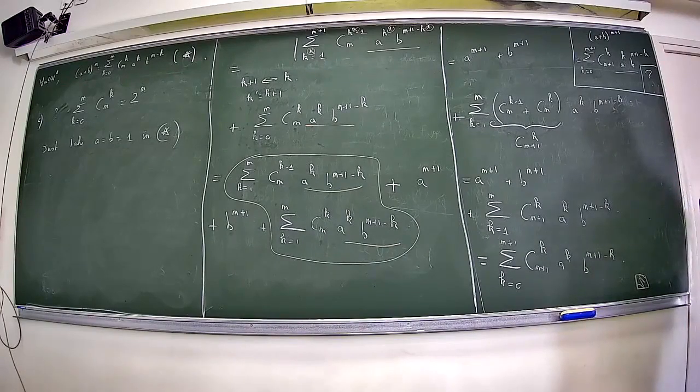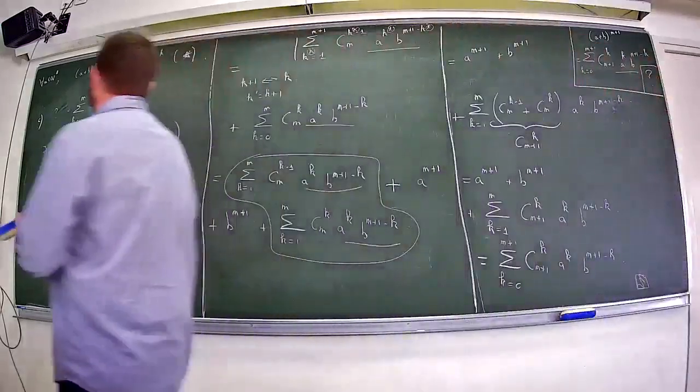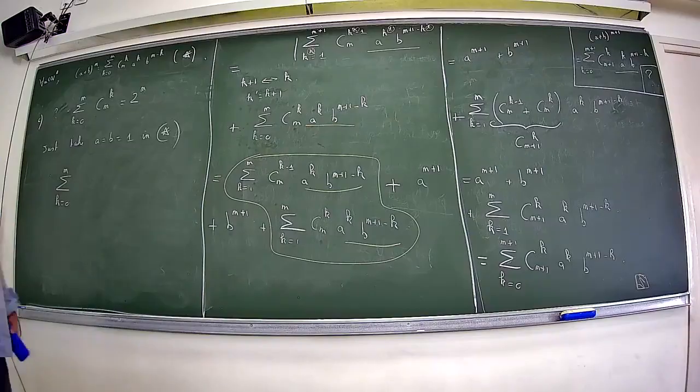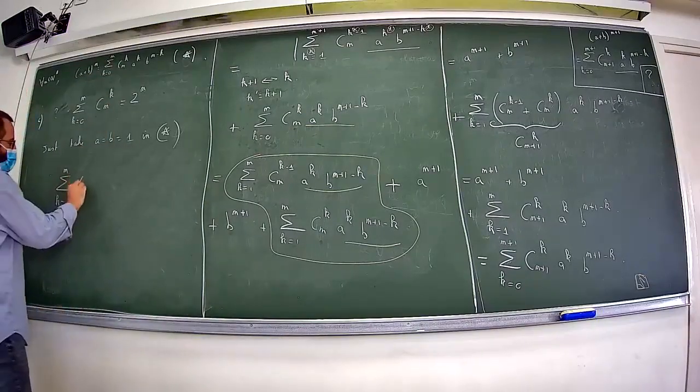Second sum here. What is the difference between this one and this one? Here I have alternance between 1, minus 1, 1, minus 1, and so on. So instead of the sum of the C(n,k) here, what I am interested in is what? It's 1, minus 1, 1, minus 1, so I can write it this way.